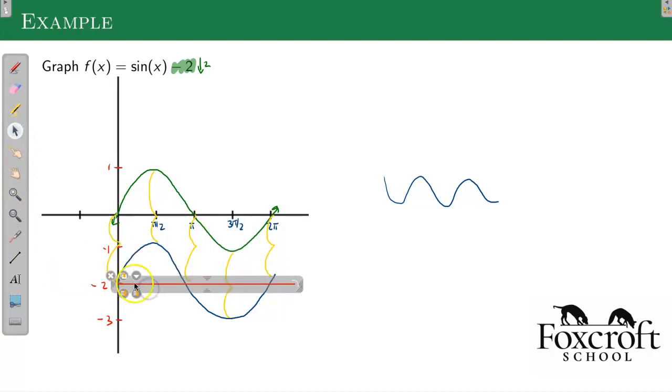So you can see now at -2, half the waves are above this line, half the waves are below this line. So this value at -2, we're going to call the midline. Why is it called the midline? Because it's a line through the middle of the graph. And you can see that this value exactly matches up with this value. So we can actually graph these transformations of sine and cosine a little bit quicker because we have this idea of the midline.